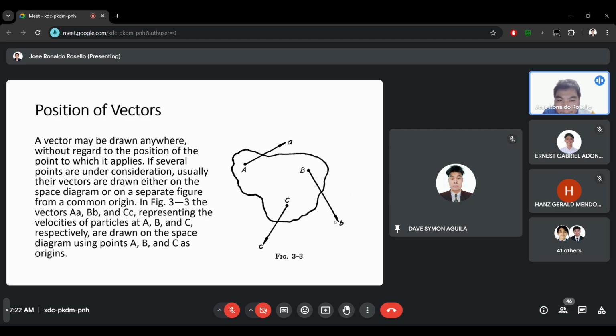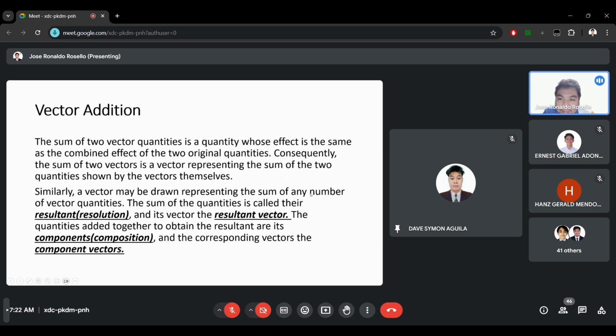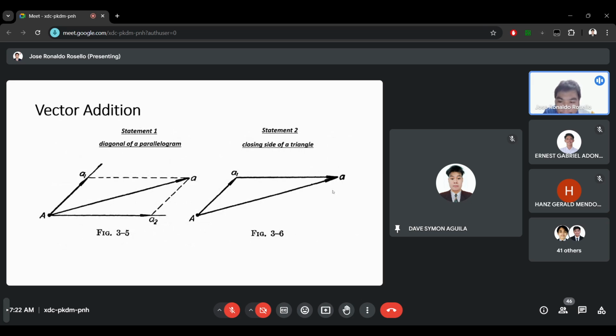If we will perform analysis on vectors, we can remove it from the diagram and we can perform addition and subtraction. So for addition, we have two methods. In the case of there are only two vectors, we can use the diagonal of a parallelogram and closing side of a triangle.